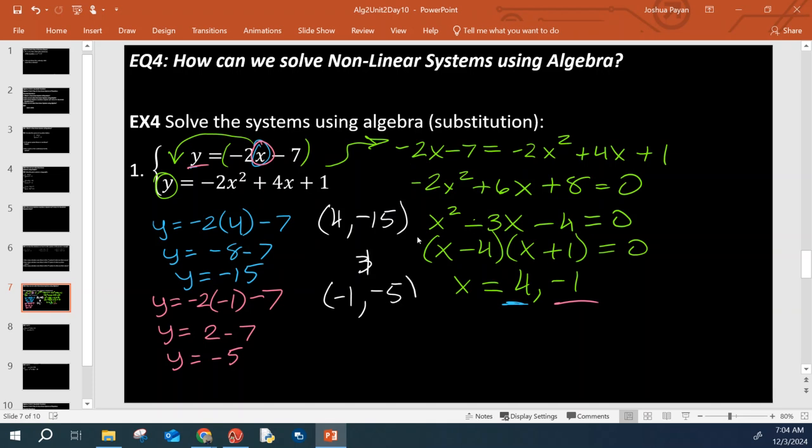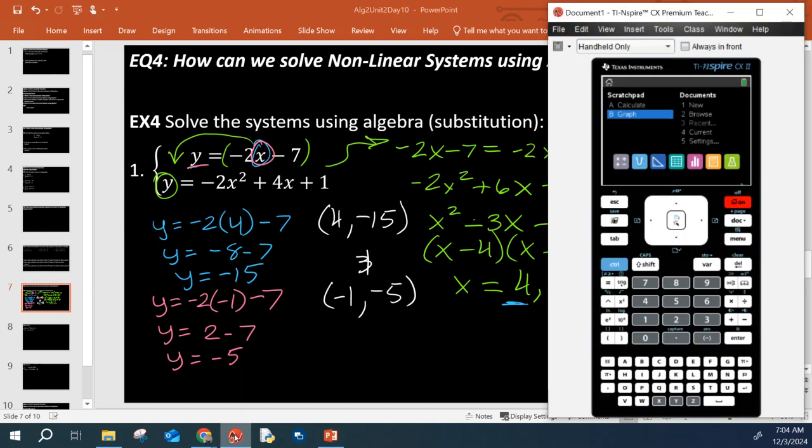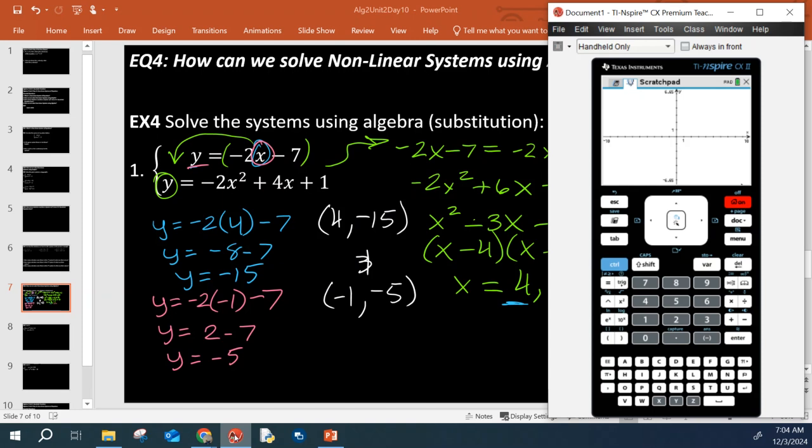And if I pull that up on the graphing calculator, let's type in negative 2x minus 7 and negative 2x squared plus 4x plus 1. Okay, click and drag so we can come down here and actually see both points of intersection.